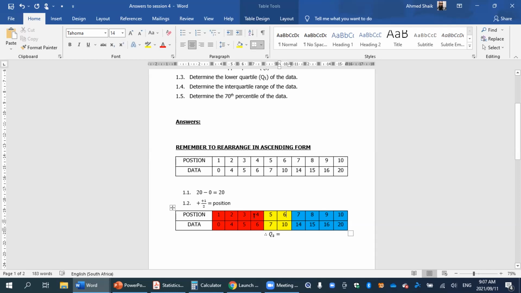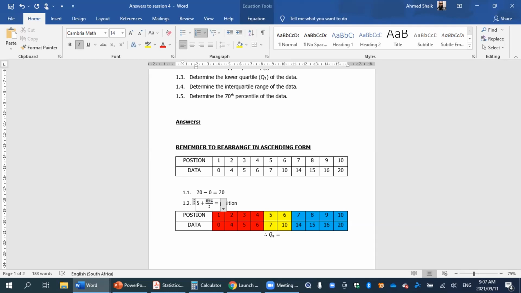If you look at our data set, we've got 5 values in our upper half. So we need to put that into our formula first. We have 5 values after our median, or in the upper half. So n is equal to 5.